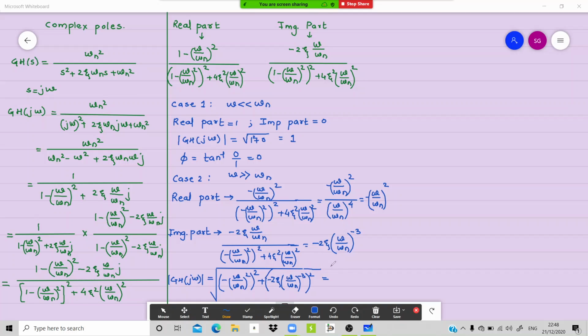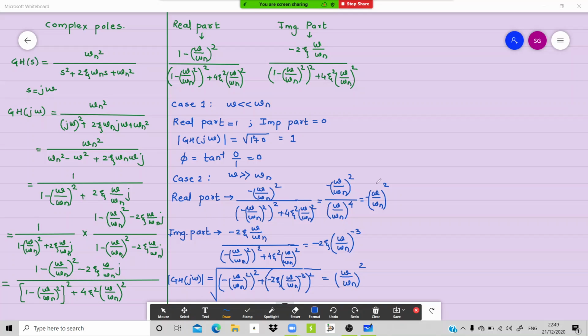So ultimately we are going to get, see, square of this and then minus n will vanish and root will also get. So you are going to have omega upon omega n and whole thing raised to 2. Just a minute, I made a mistake. Minus 2 I am supposed to write.